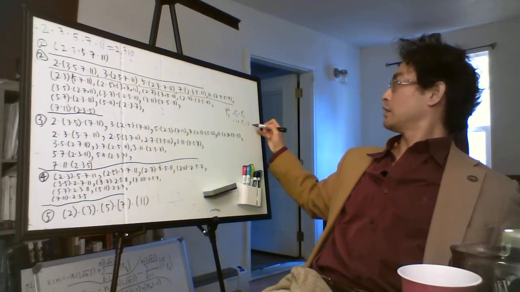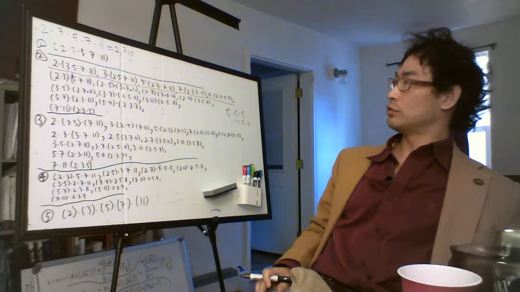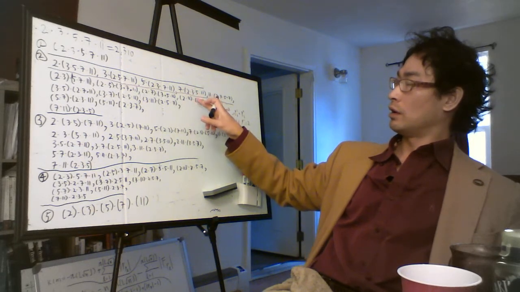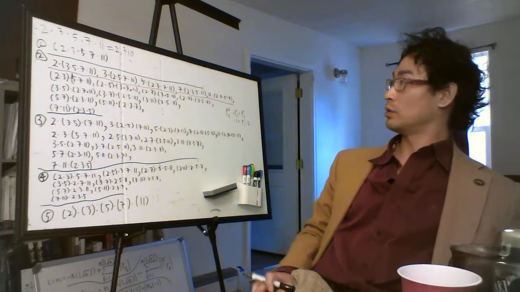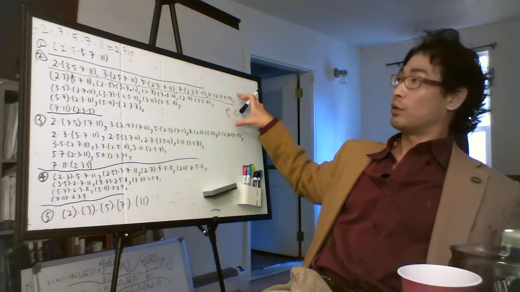So that's 2, right? So the 2 we have to do is 1 plus 4 or 2 plus 3. So these are the number of categories.